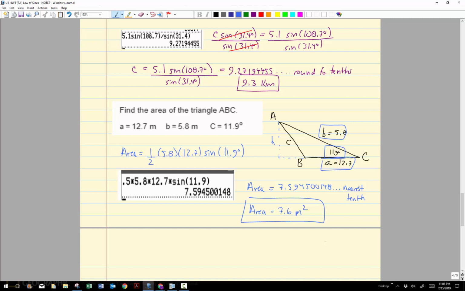Make sure your calculator's in the correct mode. Make sure that you're looking at the rounding instructions, and be really careful when you're working through these to always use the given data instead of going off the data that you calculated in case you have any mistakes. As usual, if you have any questions, let me know, and we'll also be looking at law of sines, and our next lecture will be law of cosines.